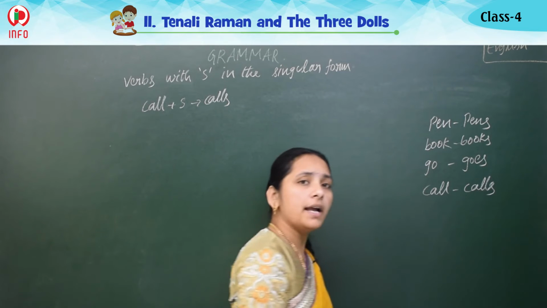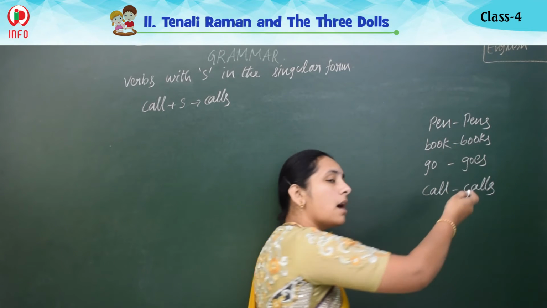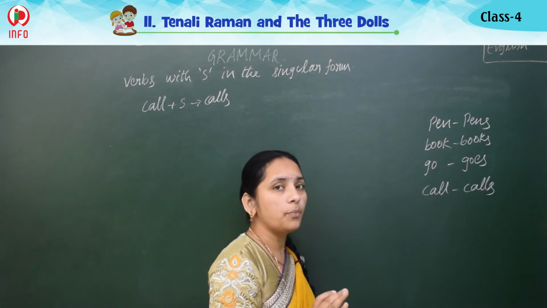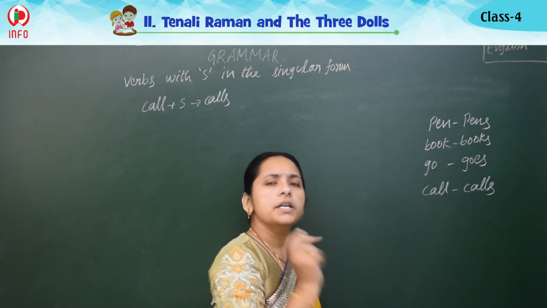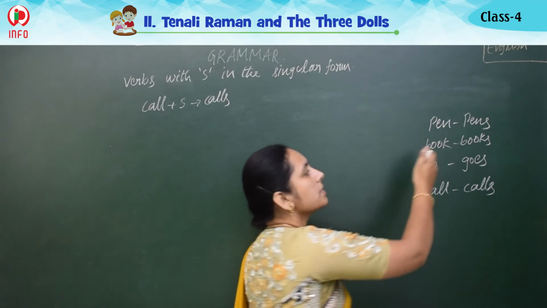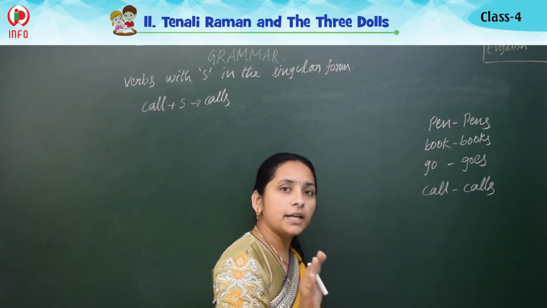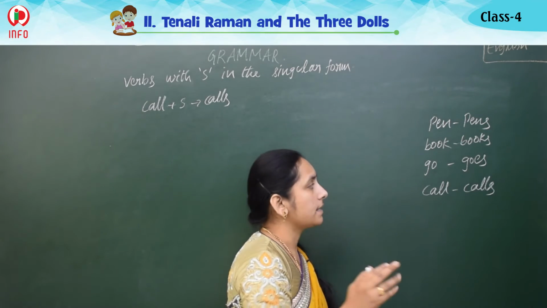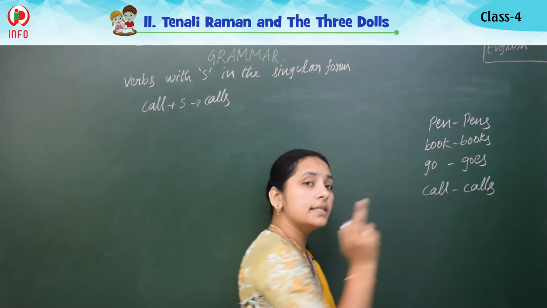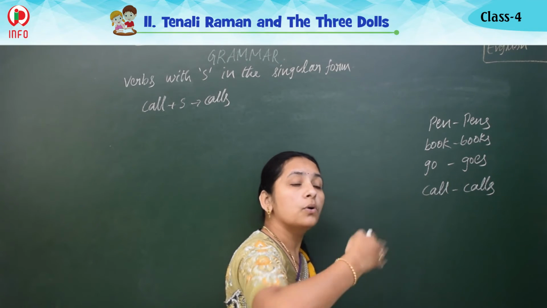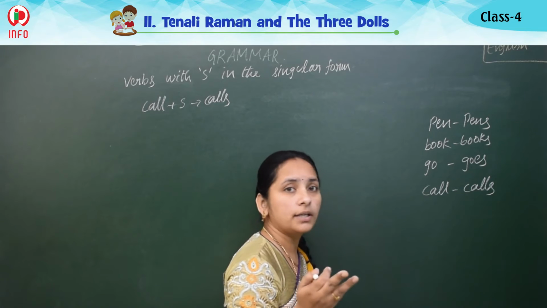So how can we find whether these are nouns or verbs? That is also important. Simple logic: if it is a noun, we get a plural form. But here, go, goes, is it a plural form? Not at all.